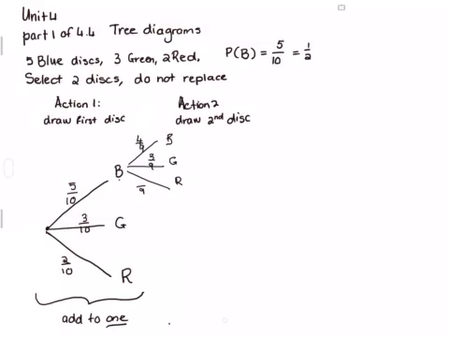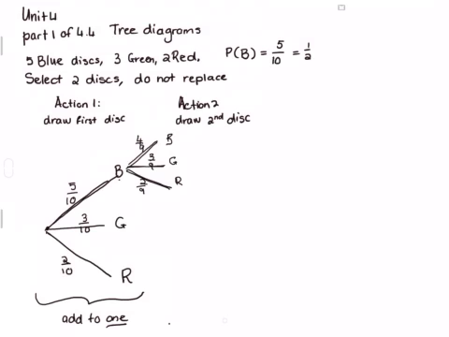So there are still 3 green left. And I haven't taken any red. So there are still 2 red left. So can you see, if you go along the blue and then one of the next ones, it means I've taken one blue and now I can either get a blue or green or red.